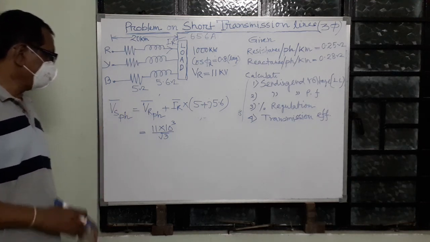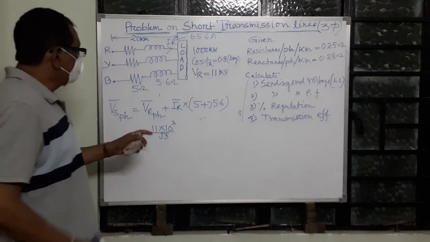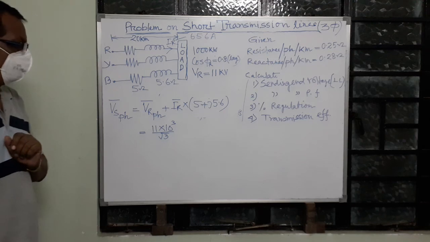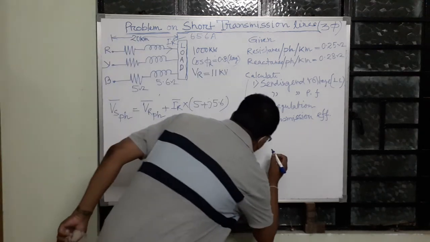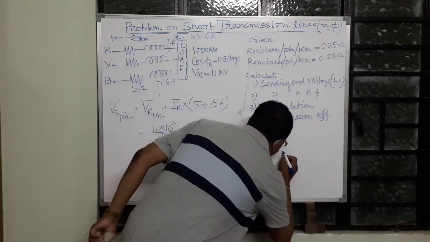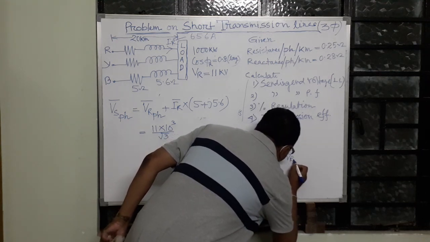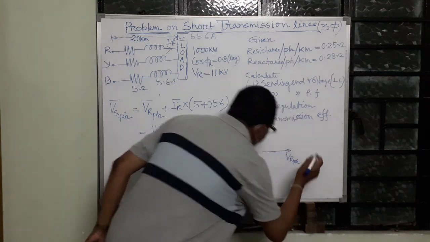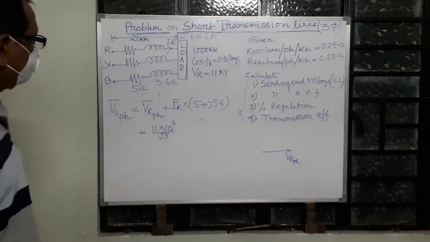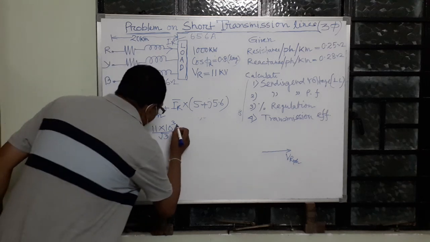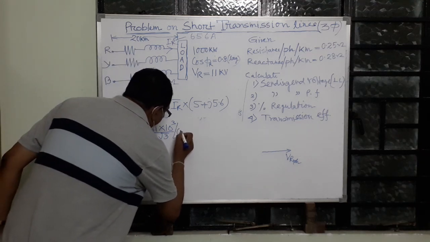As we have taken the receiving voltage as the reference, if we draw the vector diagram, VR per phase is the receiving end per phase voltage and is the reference, so the angle will be 0 degree.